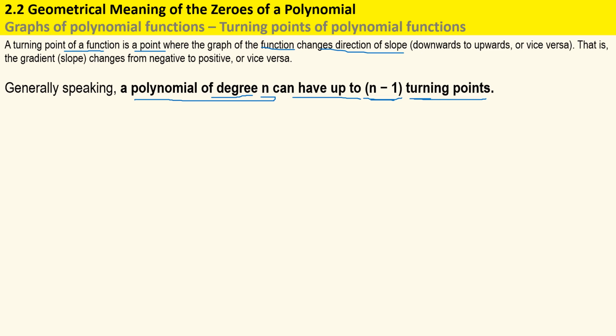So if the slope were downwards, then the turning point is the point where the slope starts becoming upwards, or vice versa. Vice versa means that the slope might be turning upwards, and then when the turning point comes, the slope turns downwards. In other words, we can say that the gradient of the function changes from negative to positive or positive to negative.